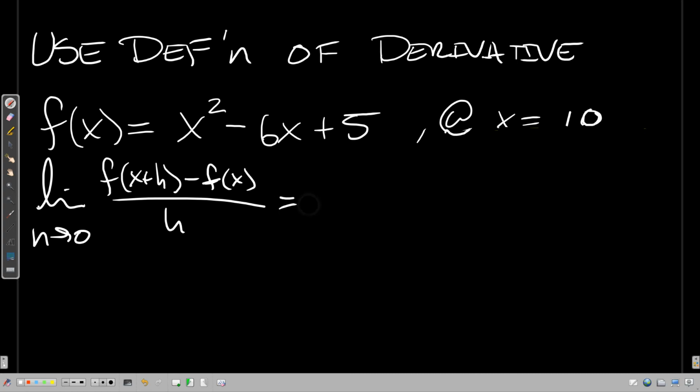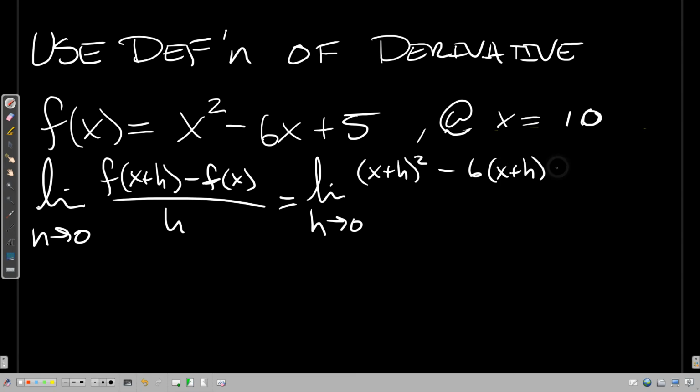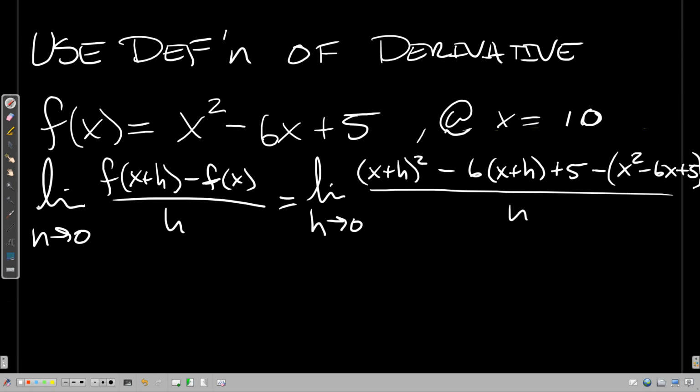I will use this one here, the difference quotient one. And okay, great. So this would be the limit as h goes to 0 of (x plus h) squared minus 6 times (x plus h), and then plus 5, and then minus f of x. There's my x squared minus 6x plus 5, and it is all over h.